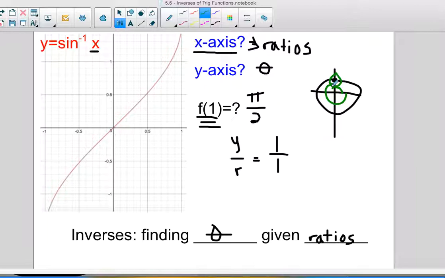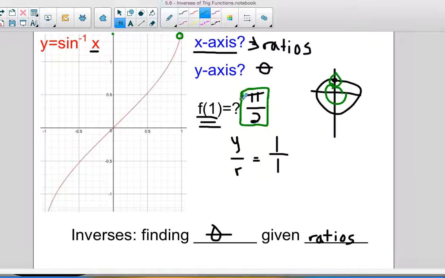Which is an interesting thing, but if you think about the calculator, there's not an infinite number of answers, right? So if you plugged in f of 1, you get only one answer, and it's about 1.57, which is only pi over 2.